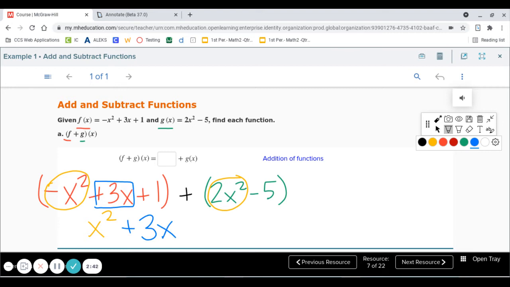And then the last one, we have 1, and we're going to add that to negative 5. And that is going to give us negative 4. And that's it. There are no other terms to combine. We have added the function f to the function g and simplified. So there's our answer.